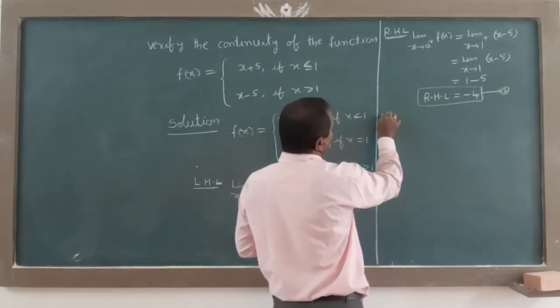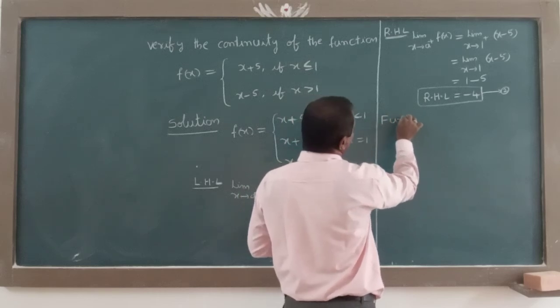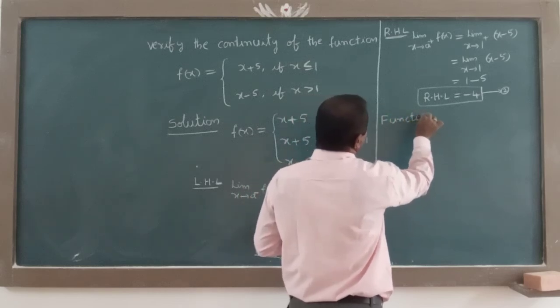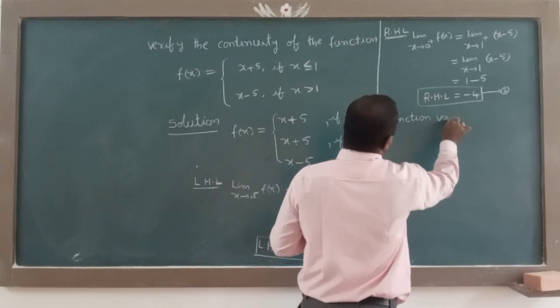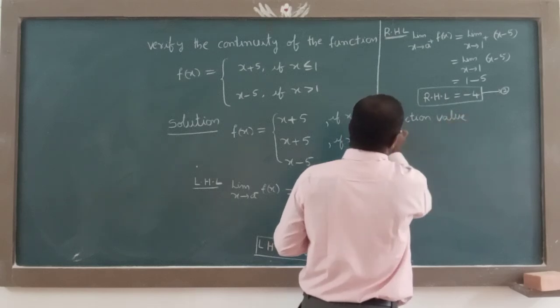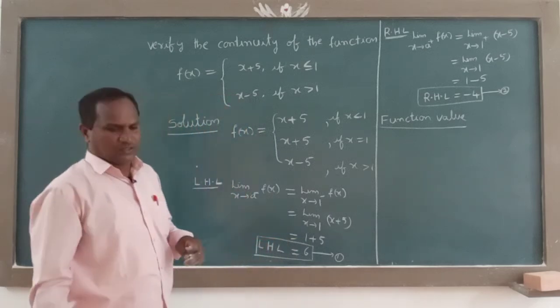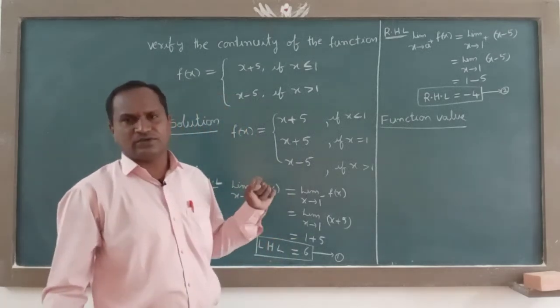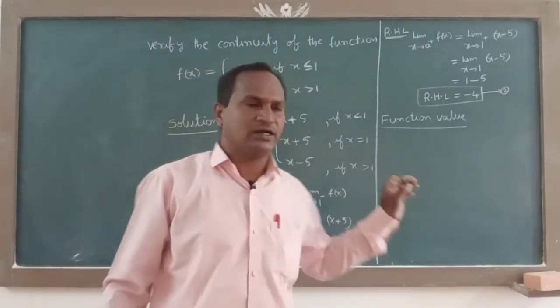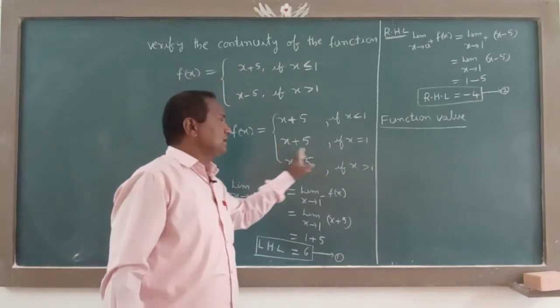And finally, you must find the function value here. Corresponding to the exact equal symbol, which function is there? x plus 5 at x equal to 1.